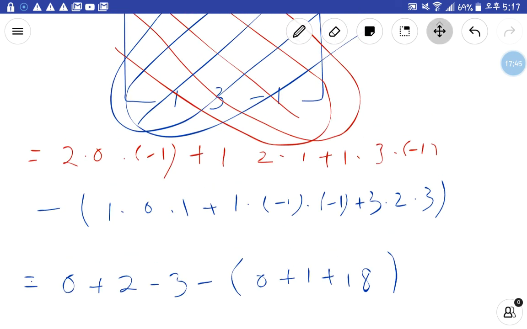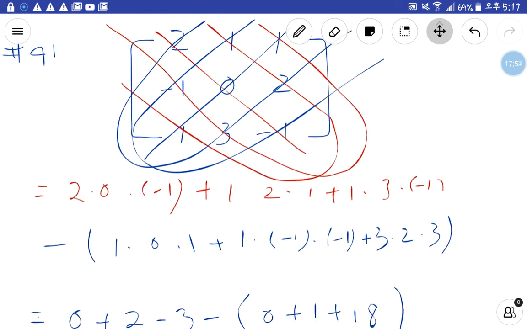Let me double check it. 3, 2, 0, -1. And then 1, 2, 1, 1, 3, -1, okay? And then minus 1, 0, 1, 1, -1, and -1, and 2, 3, 2, okay? I made a mistake right here, 2, 3, 2.